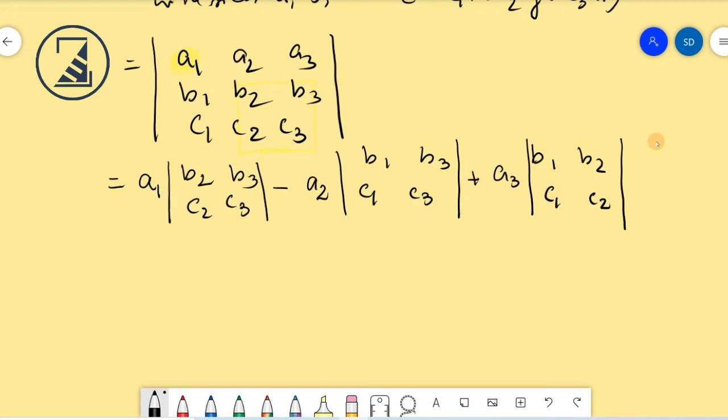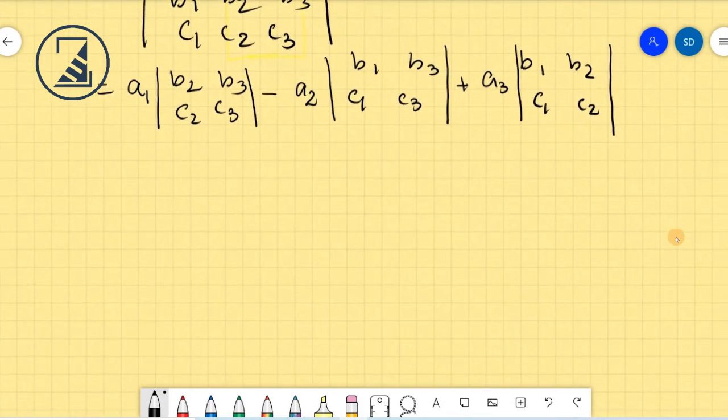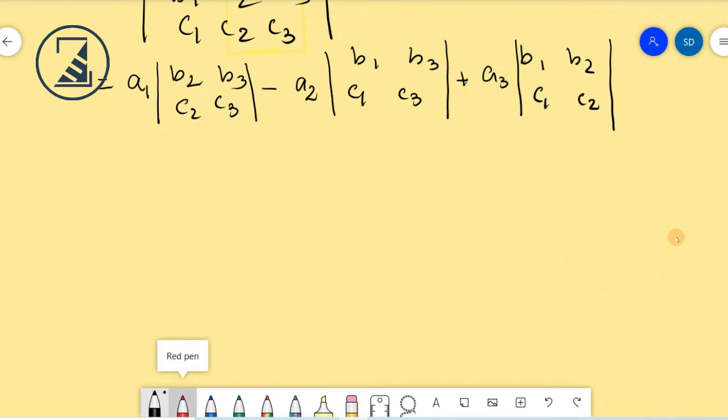Now let's try to draw and visualize the volume of the parallelepiped. So let's draw the parallelepiped.